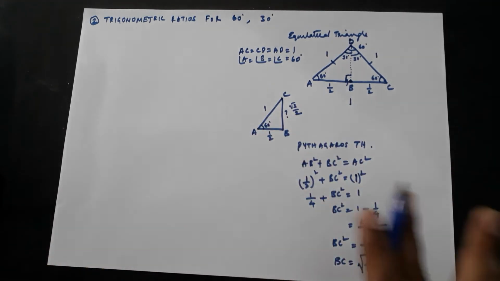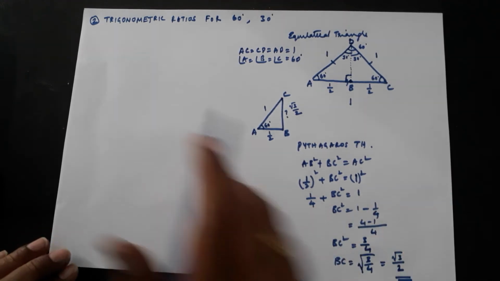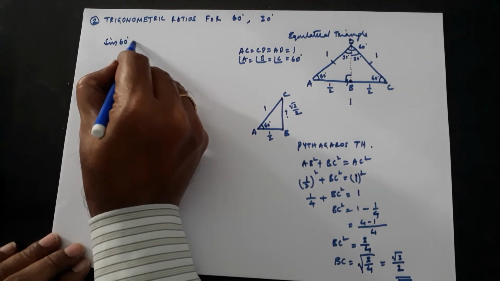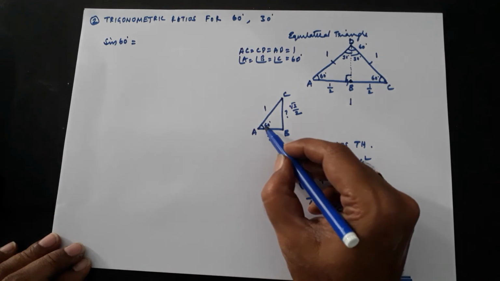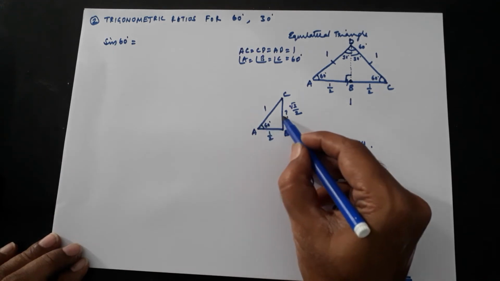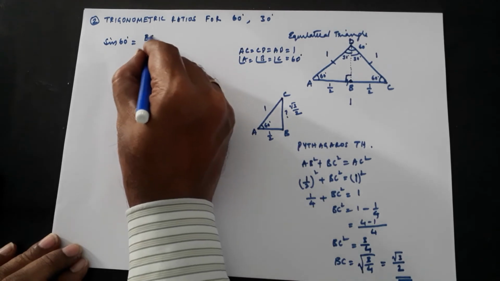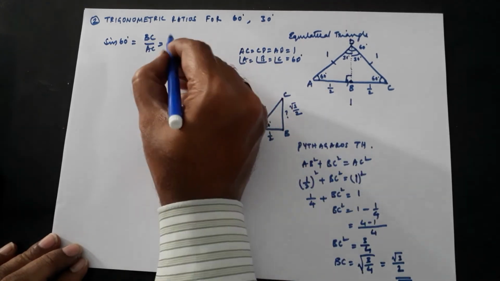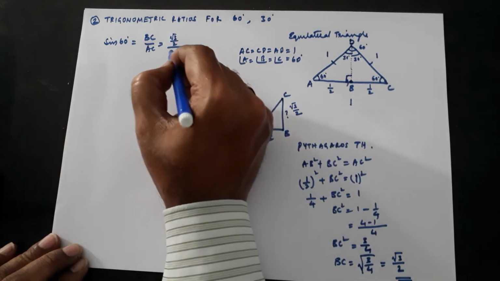Now we have all the three sides. Now we can figure out the trigonometrical ratios. So now sine 60 is, I will not write opposite side again, all side names here. Just I will write sine 60 is opposite by hypotenuse, which is BC by AC, which is equal to BC is root 3 by 2 by AC is 1.